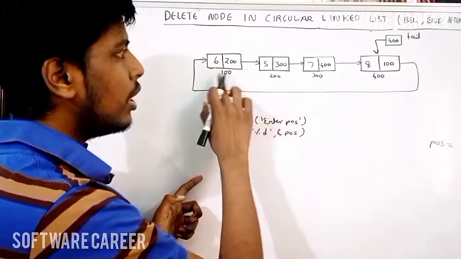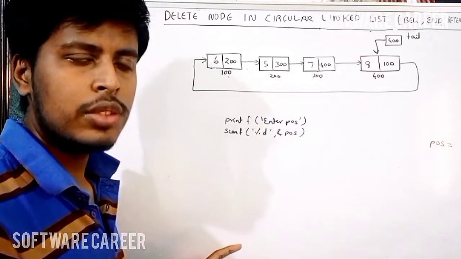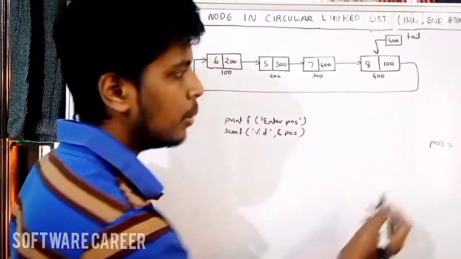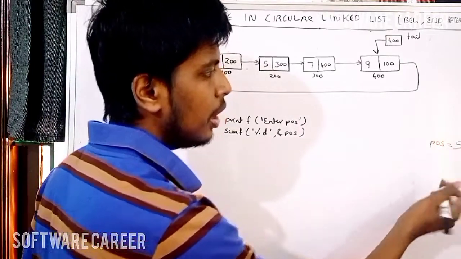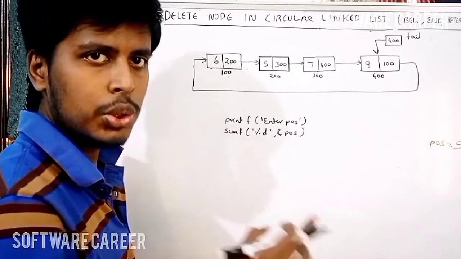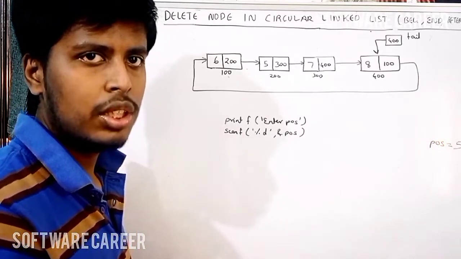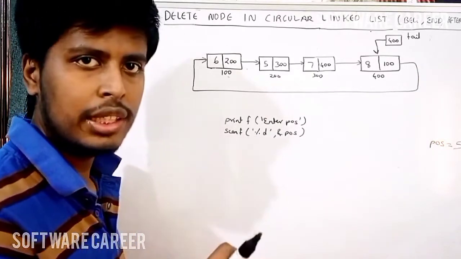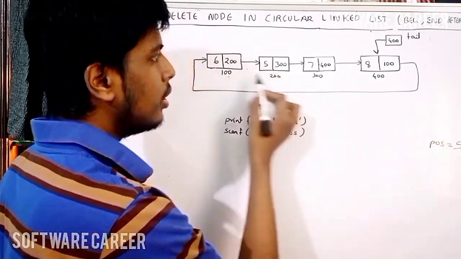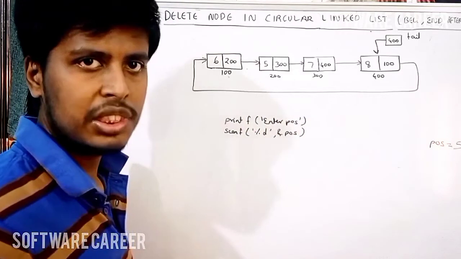Now see, there are 4 nodes in the linked list. Suppose the user enters 5, that means the 5th node should be deleted. But there is no 5th node in the linked list, so you can't delete. So it should print invalid. So how to write that condition? If the user enters a position greater than the number of nodes present, it prints invalid.